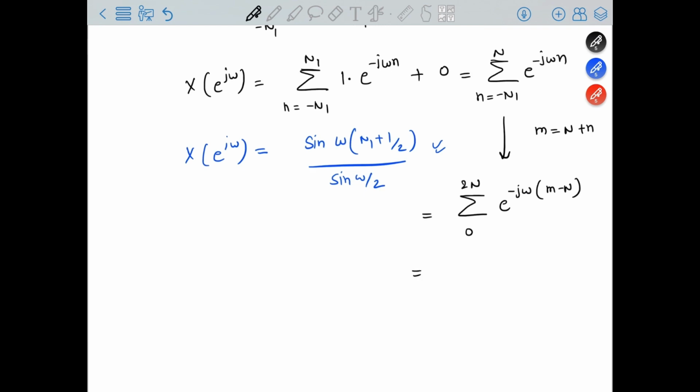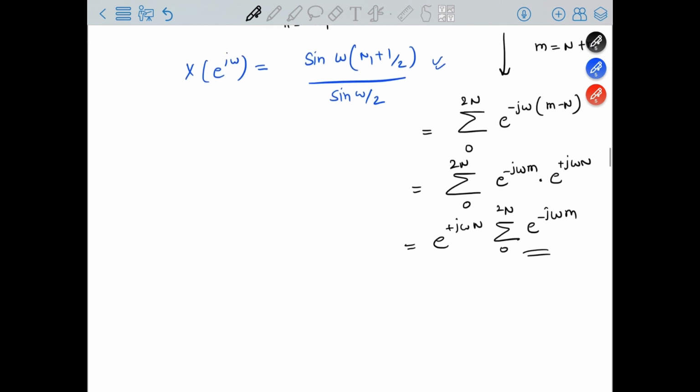So how can we write it? We can write it as the sum from 0 to 2n1 of e raised to the power minus j omega m multiplied by e raised to the power plus j omega n1, and that can be represented as e raised to the power plus j omega n1 times the summation 0 to 2n1 of e raised to the power minus j omega m.